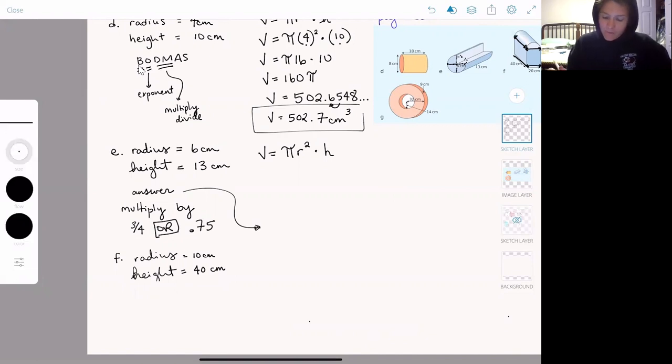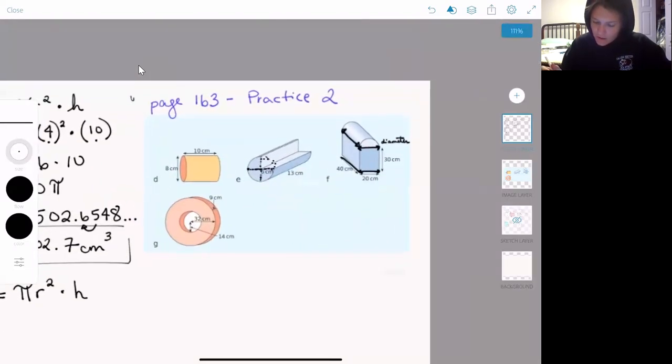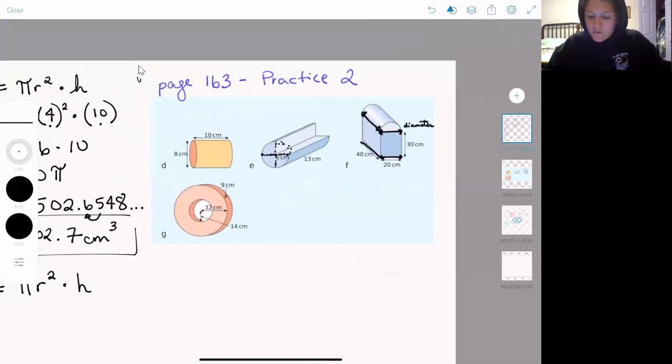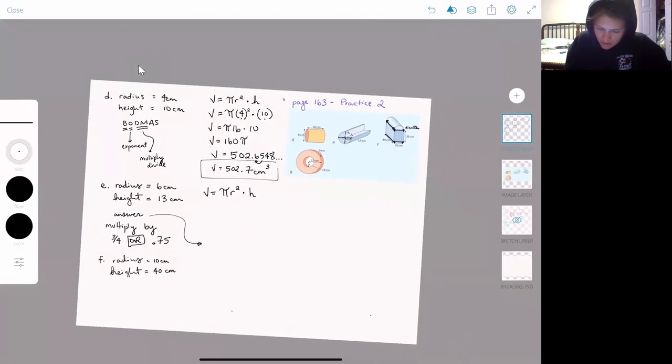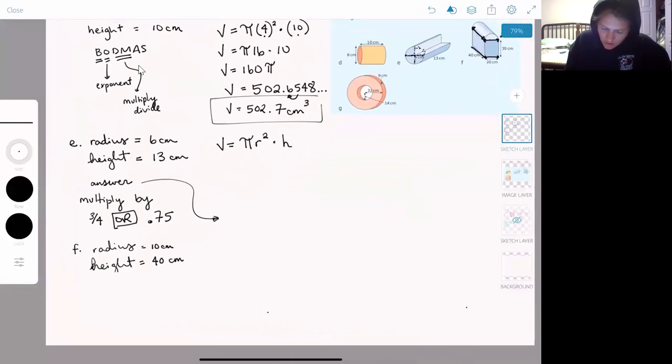Then this one, when I'm looking at the shape of it, I don't have my whole cylinder. It actually looks like it just got cut right in half. So similar to question E, once I get my answer, I'm going to multiply it by a number or a fraction.